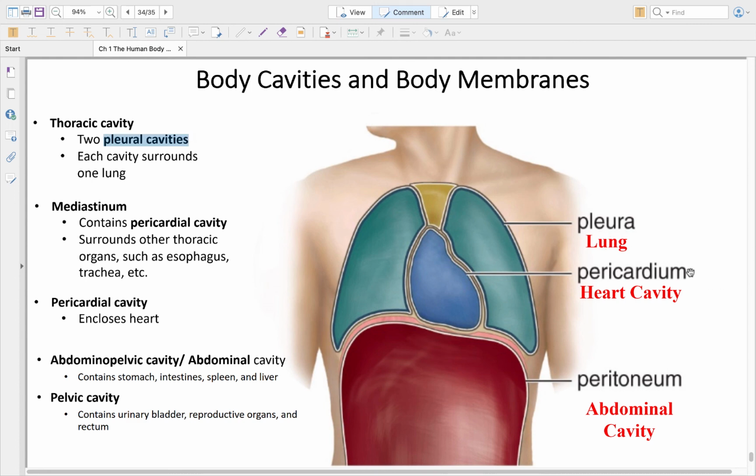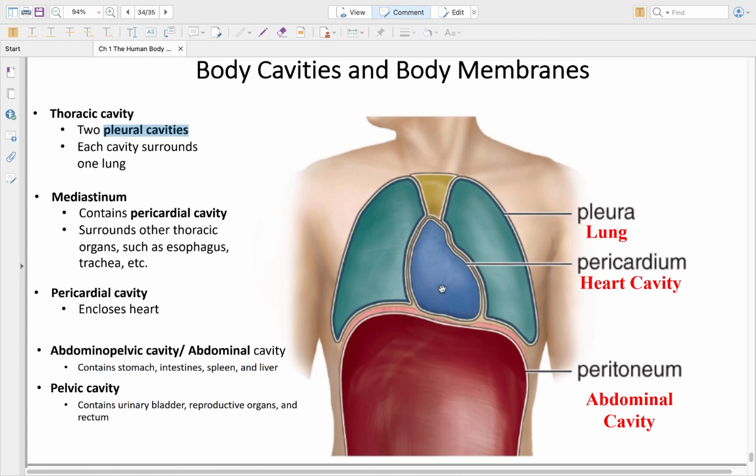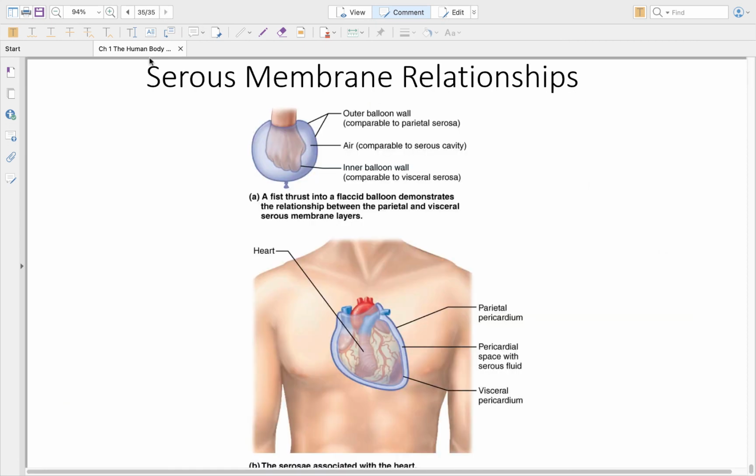When you see pericardium or cardio, think heart. Peritoneum is in reference to the abdominal cavity.